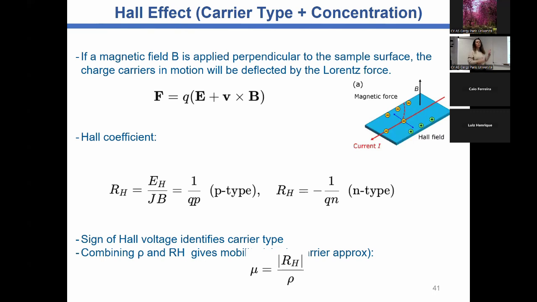The Hall effect occurs because of the charge deflection during the movement of charge inside a material, when we apply a magnetic field and the charges are in motion because of the electric field that is also applied. So we have both magnetic and electric fields simultaneously.